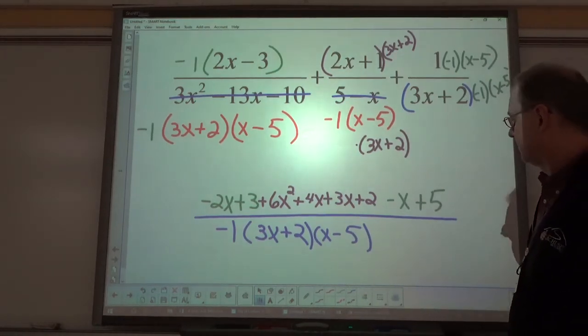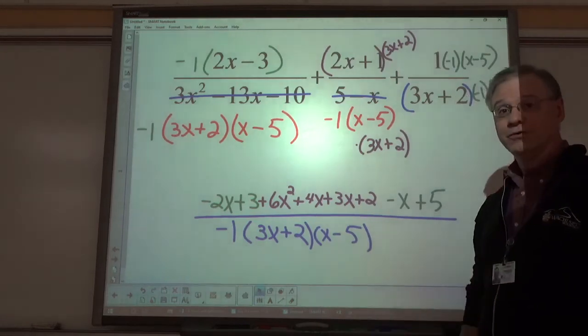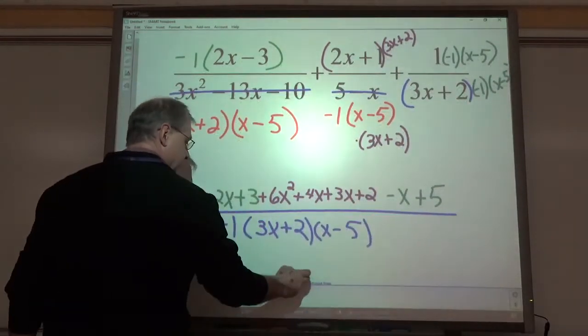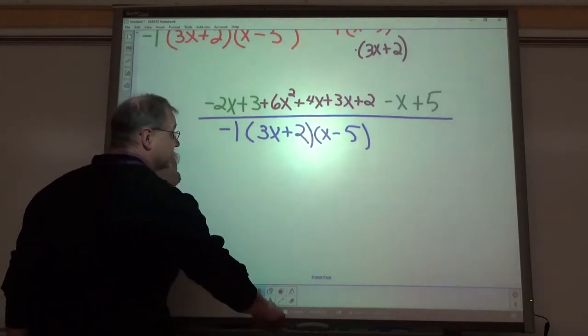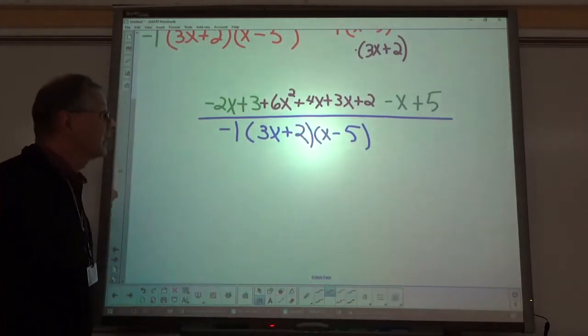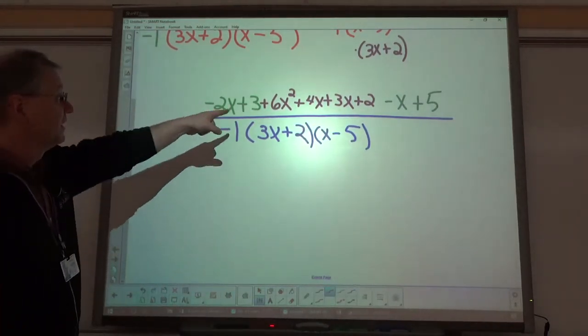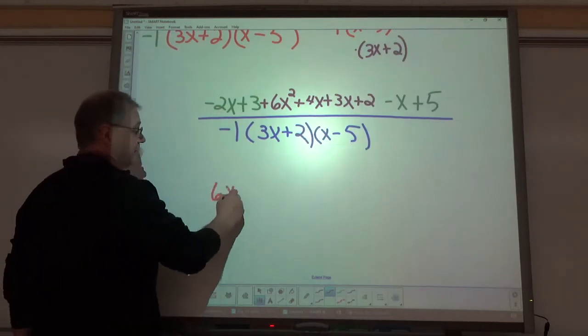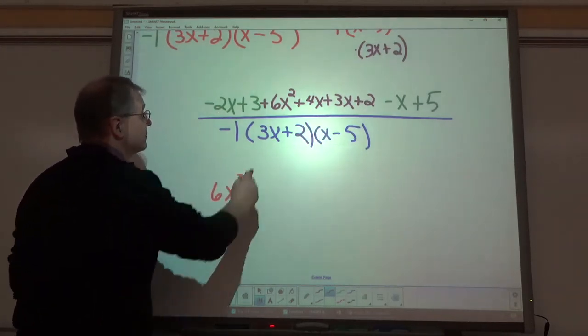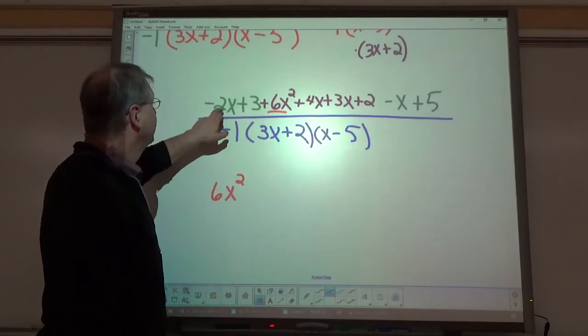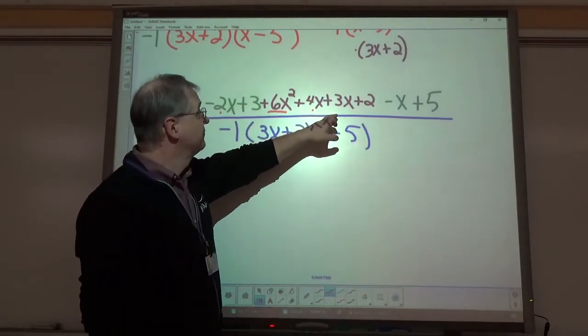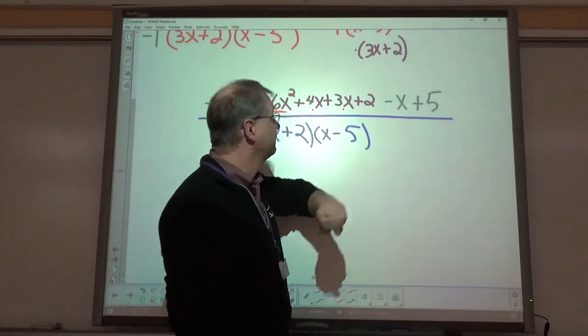All right. Whew, that was quite a bit. Let's continue and see where we get. I'm going to start combining like terms. I've got a 6x squared. Let's see, so I've used that up. I've got negative 2x, positive 4, positive 3, and negative 1.